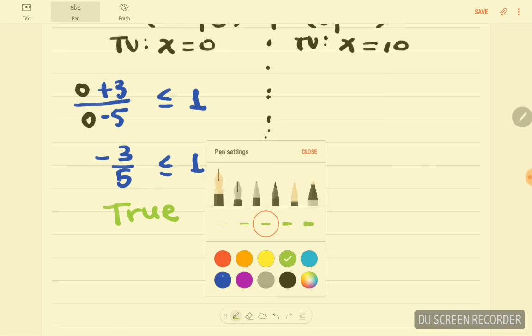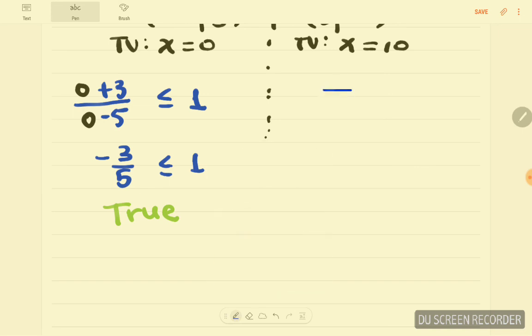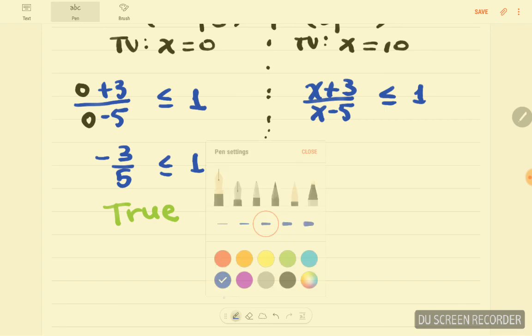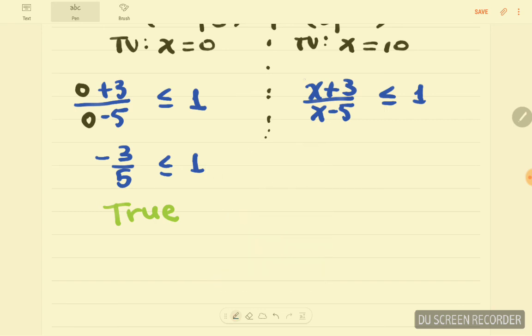Now I'm going to do the same thing on the other side. I'm going to do x plus 3 over x minus 5 less than or equal to 1. Plug in my test value. And now I have 13 over 5.